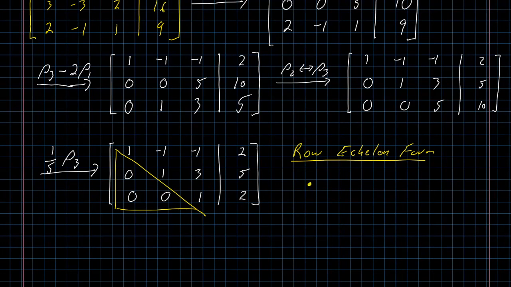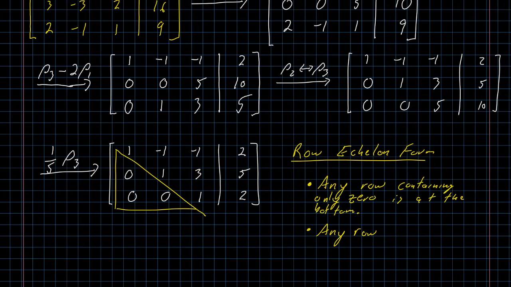Specifically, any row which contains only zeros has made its way to the bottom of the matrix.